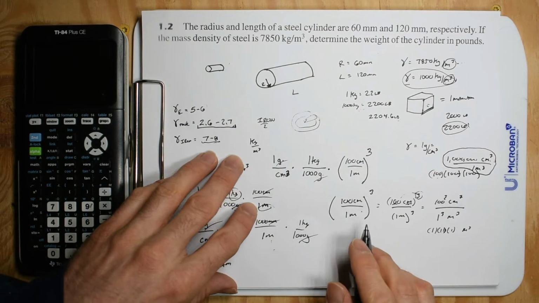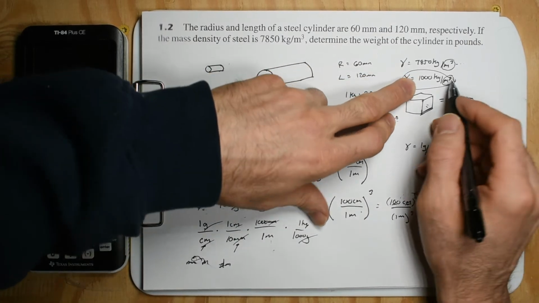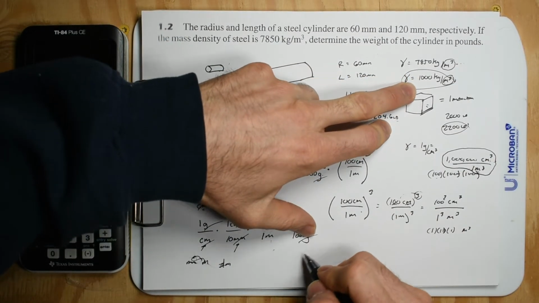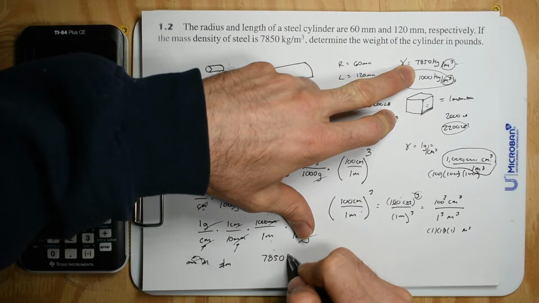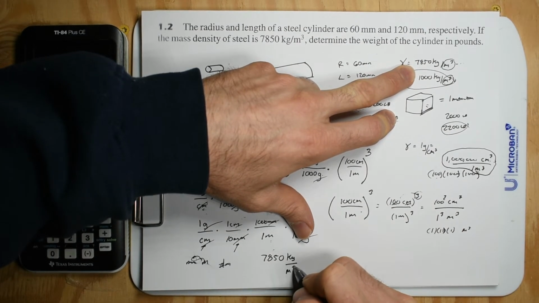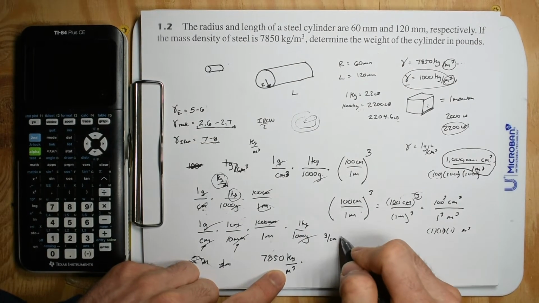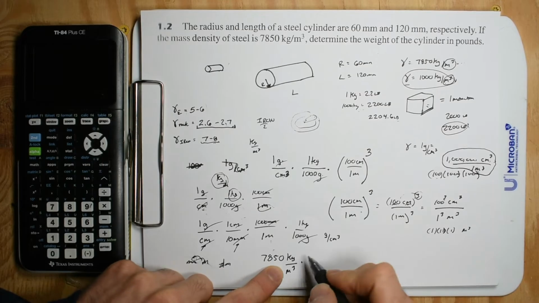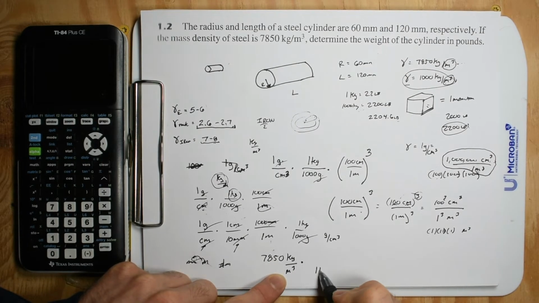So now we can actually convert. Let's do this one: 7850 kilograms per meter cubed, and we want to know what this is in grams per centimeter cubed. I'm going to do my method: I know that 1 kilogram is 1,000 grams.